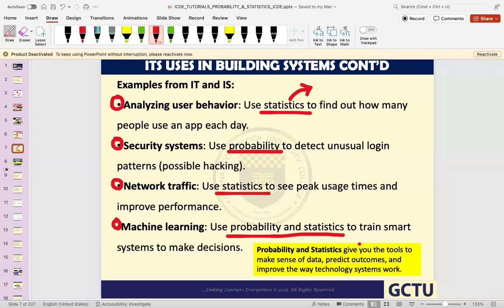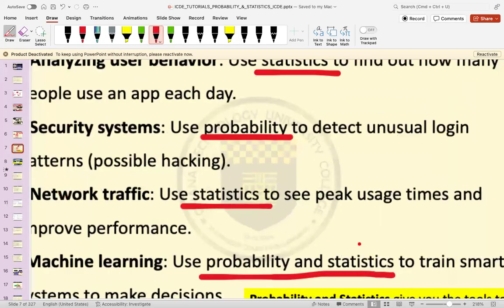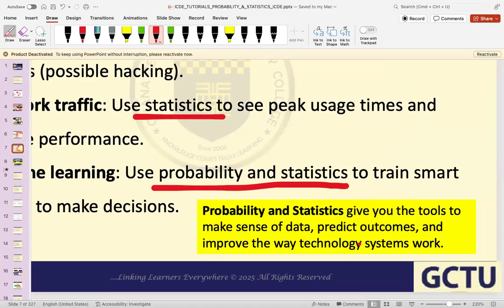So if I'm to write a sentence to describe how probability and statistics help in the IT area, one of the ways is that we can say probability and statistics give you the tools to make sense of data or to understand data, to predict outcomes or to predict tomorrow, and to improve the way technology systems work.